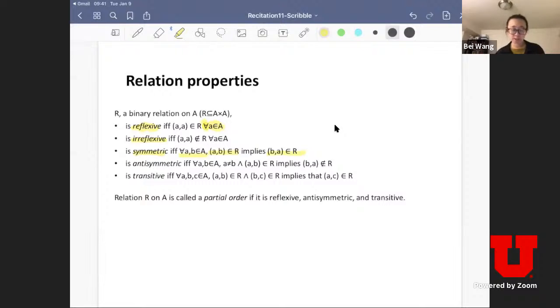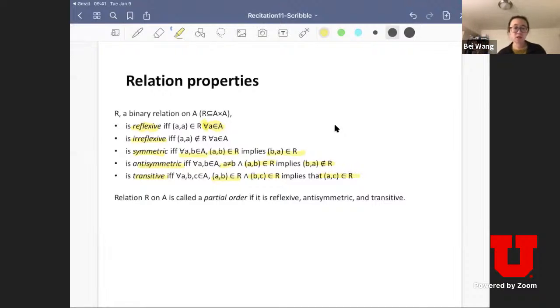Okay. Of course, antisymmetric means that for any pair, if a is not equal to b and (a, b) is in R, that implies (b, a) is not in R. And finally, transitive is that if I have 3 elements from my set such that (a, b) is in R and (b, c) is in R, that implies (a, c) is in R. Okay.